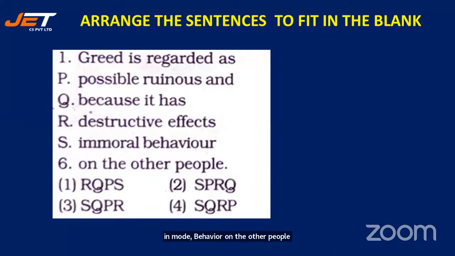So greed is regarded as dash, dash, dash on the other people. Right? By now you must have thought over it, so give me your correct answers. Put it in the chat box, waiting for your answer. Just think over it before you choose the option. Read it yourself. Ensure that the sentence is chronologically and properly arranged so that it makes proper sense. That is how we choose the option.